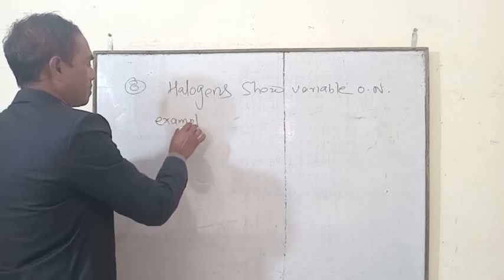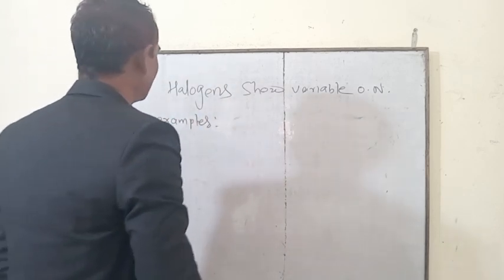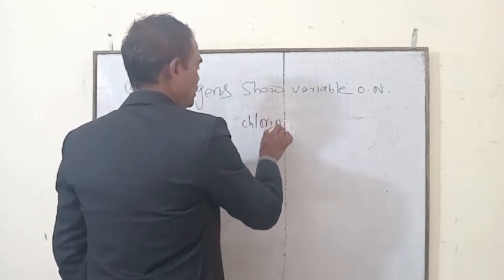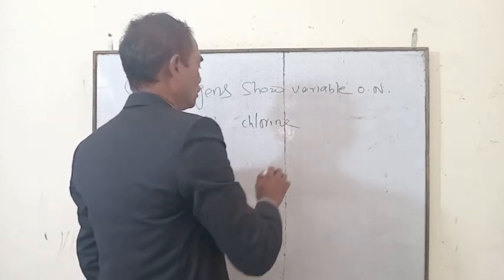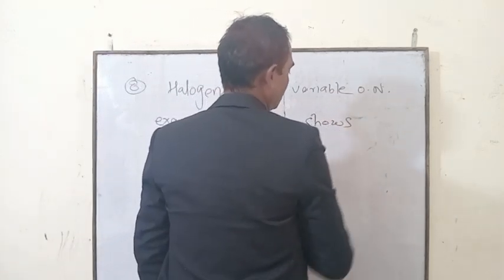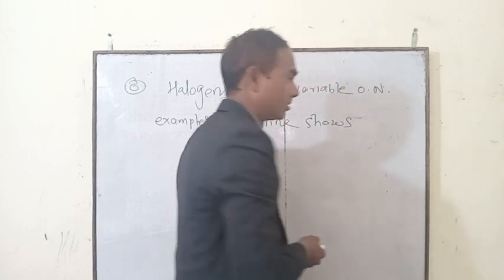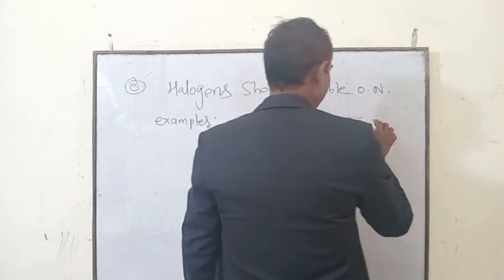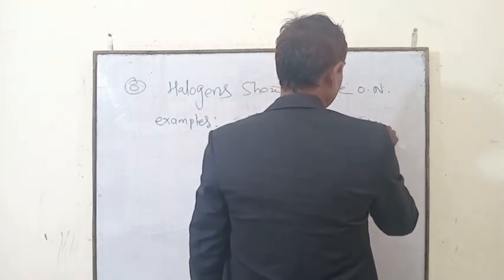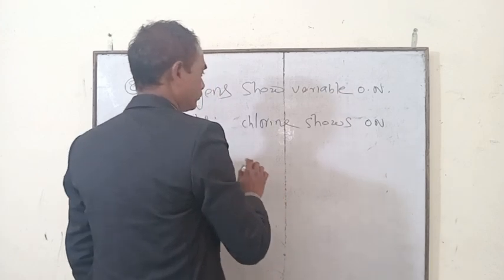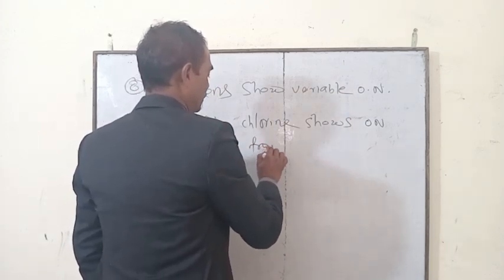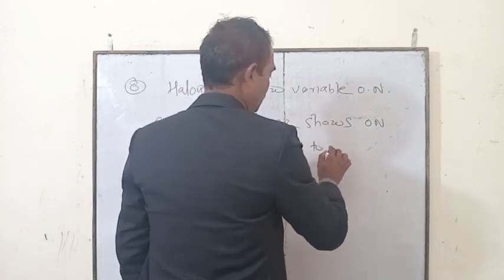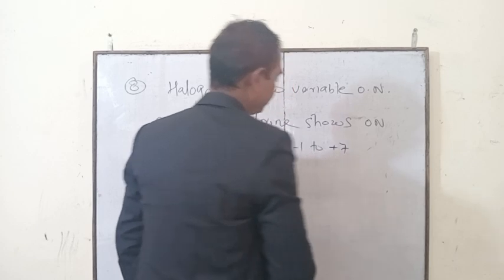Examples: chlorine shows oxidation number from -1 to +7.